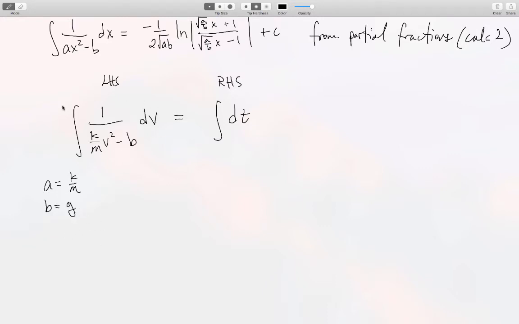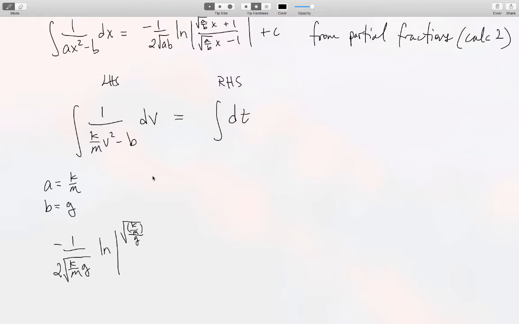So this whole left-hand side becomes negative 1 over 2 square root of my A, that's k over m, times the B, and that's just g, times the ln of square root of A, k over m, over g.